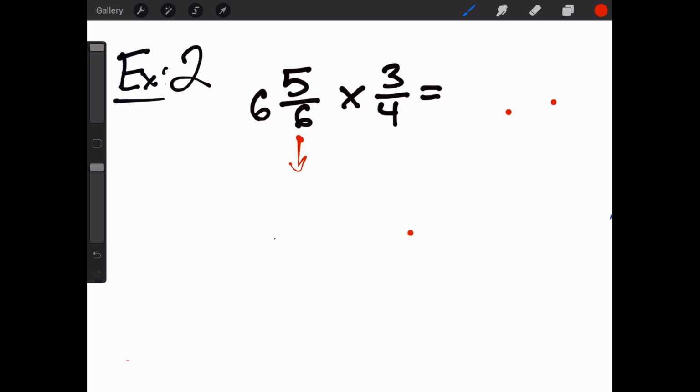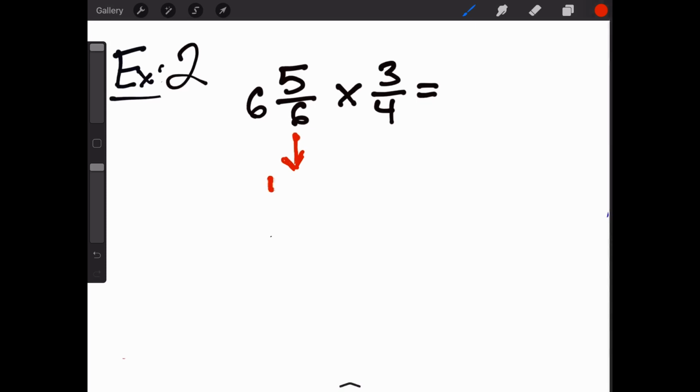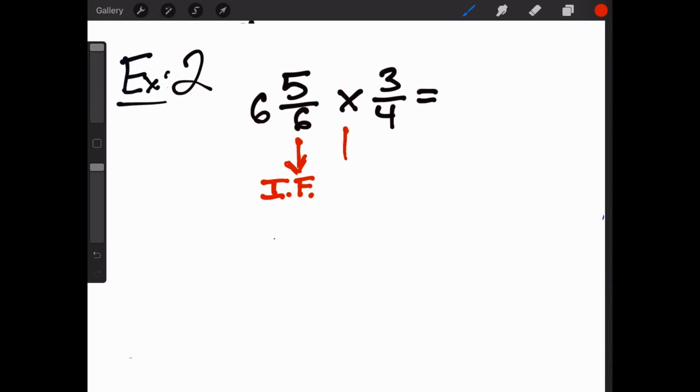I'm going to bring down, obviously I cannot bring the mixed number down, so I'm going to turn it into an improper fraction. I'm just going to label it like that. We'll get back to that, but this stays the same and this stays the same. So now we're going to bring it over here to the side.